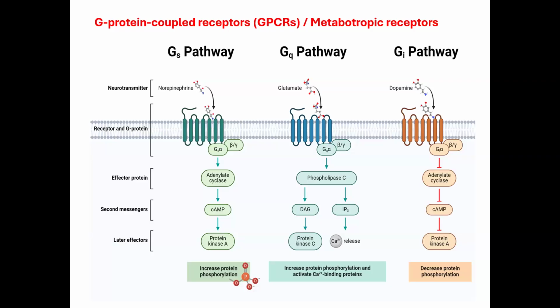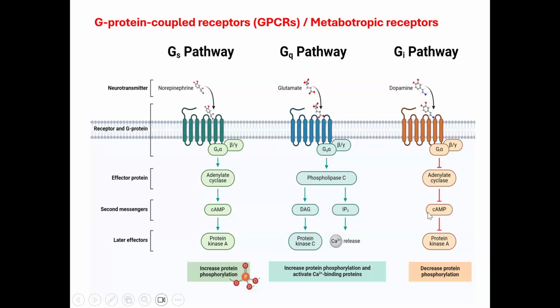So for Gi, we shall see a decrease in cyclic AMP here at the very end. We are seeing a decrease in cyclic AMP, this brownish reaction you are seeing cascade.